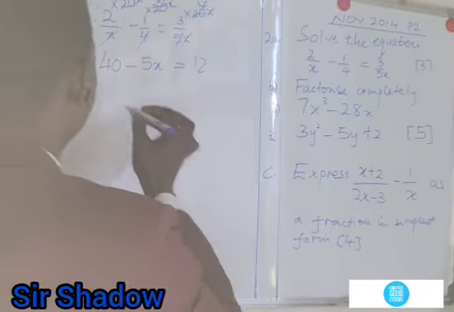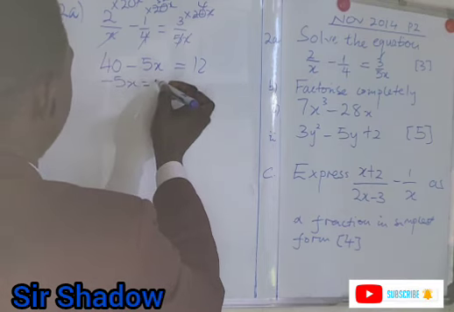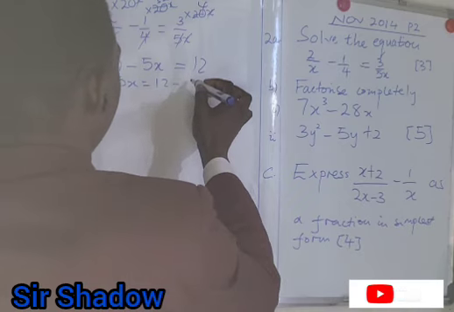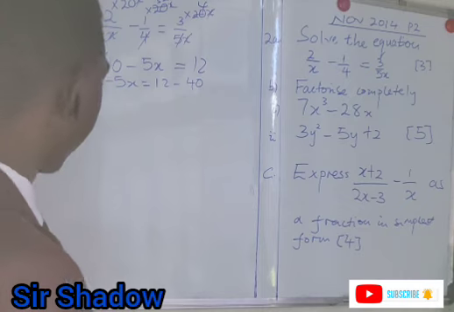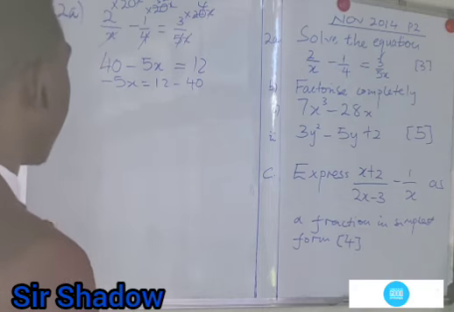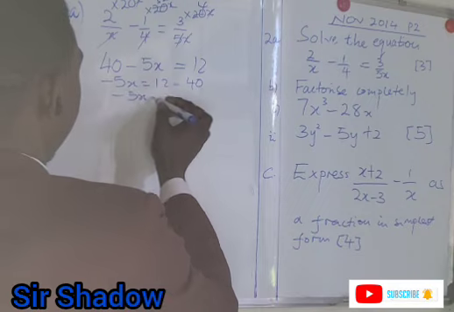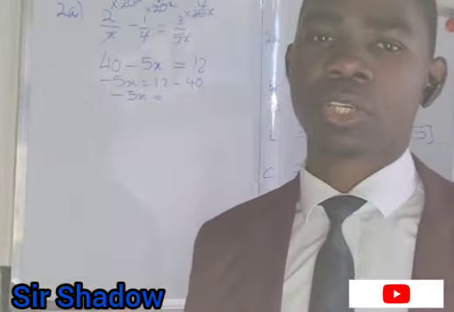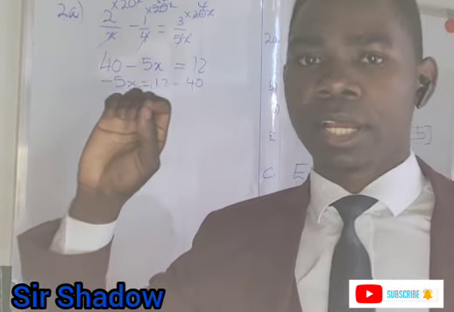So we are saying minus 5x is equal to 12 minus 40, right? 12 minus 40. So we are subtracting: the smaller number is subtracting the larger number.